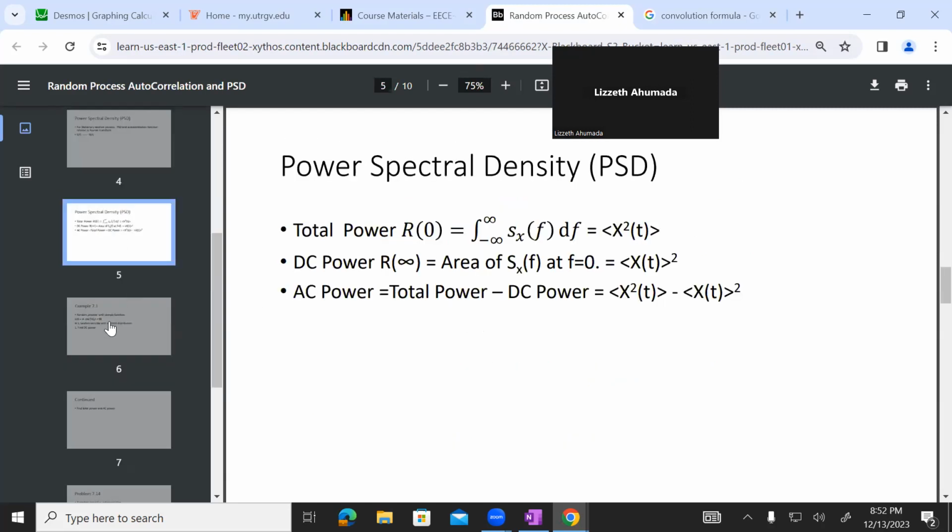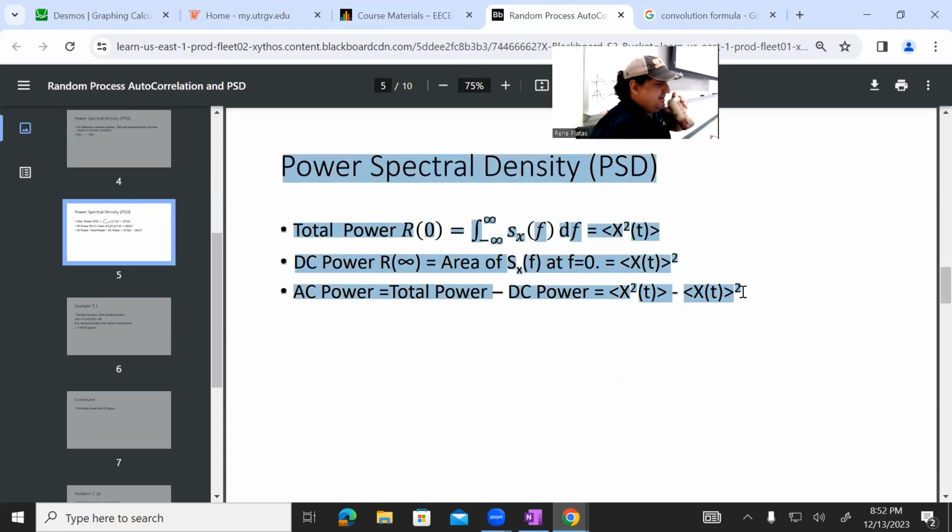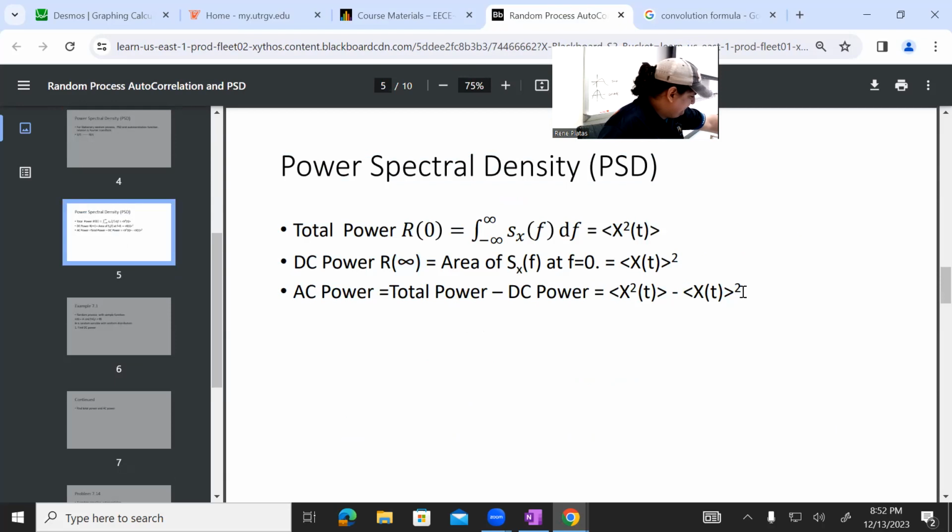This example: DC power of R infinity. DC power minus DC. I guess we should write down these formulas for the exam, our spectral density formulas. Those look important.